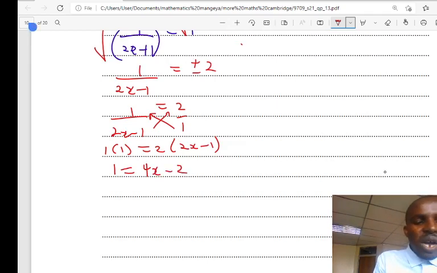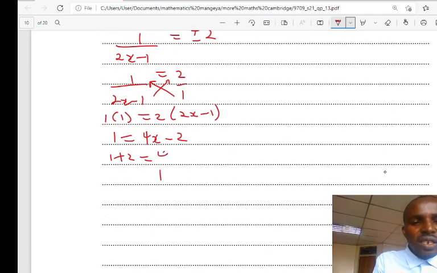Collect terms, you can say 1 plus 2 is equal to 4x. 1 plus 2 is 3, is equal to 4x. Then divide by 4 both sides. You get x is equal to 3 over 4.